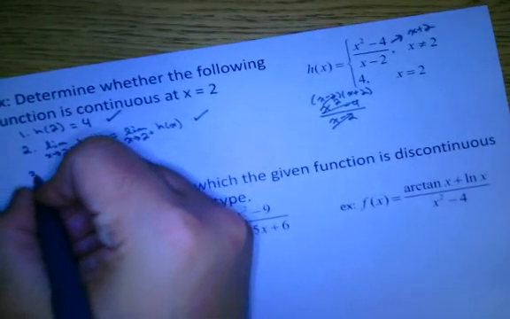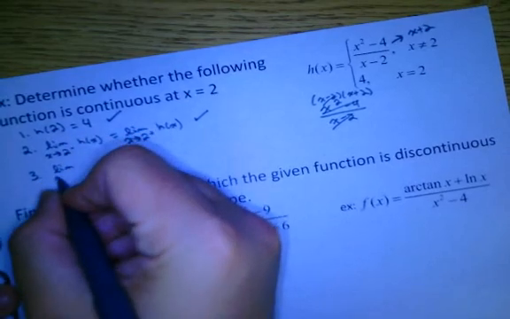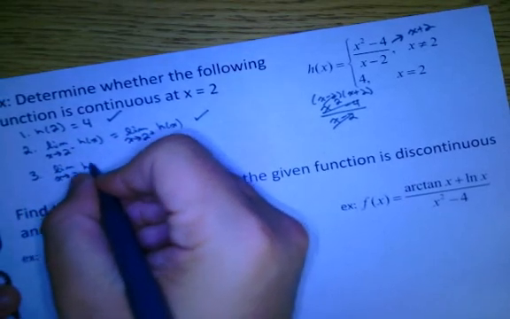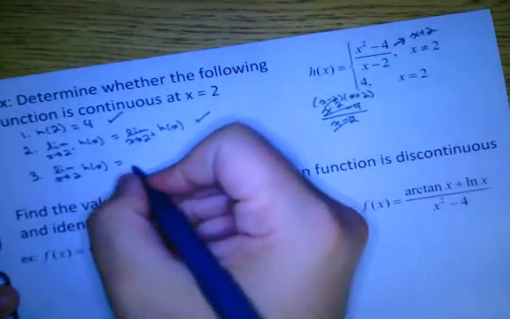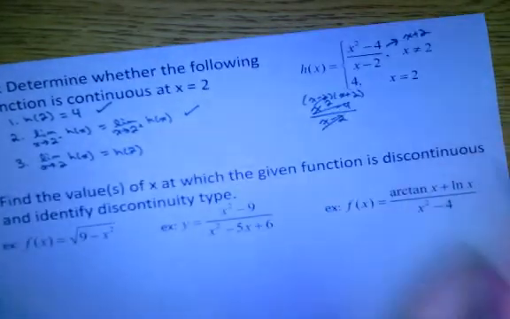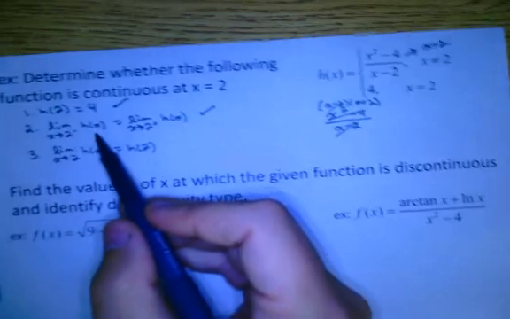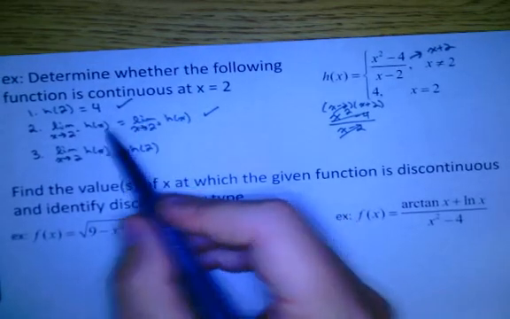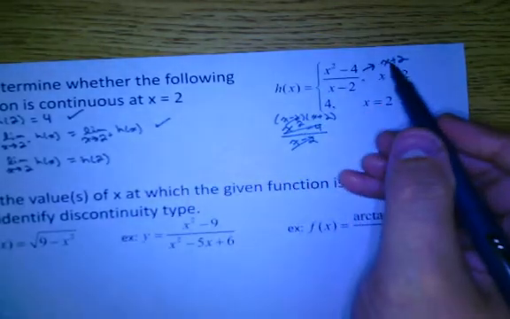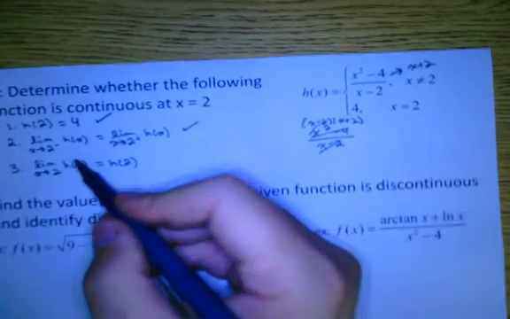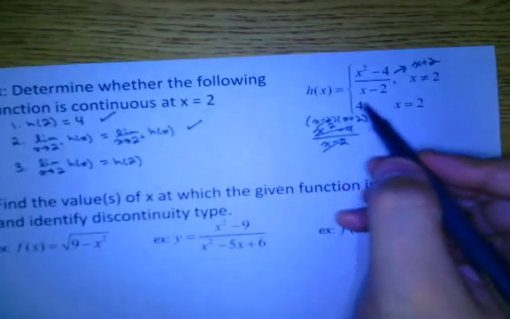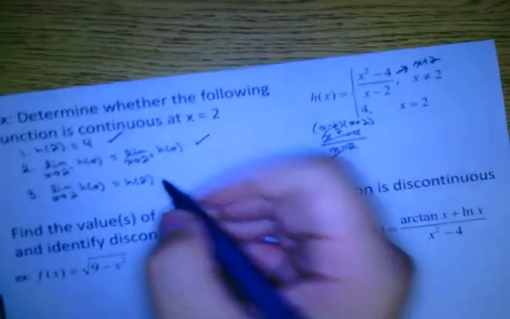Now I need to show that the limit as I approach 2 is equal to h of 2. Well, we just said that both these one-sided limits are equal, and they're equal to 4. So the limit is equal to 4, and the defined value, which I'm getting from this bottom one here too, is equal to 4.